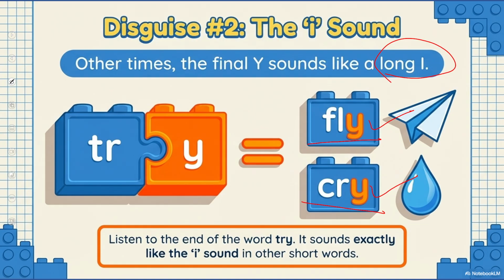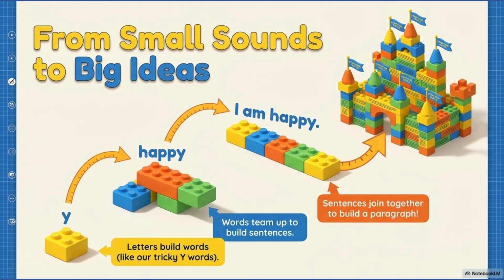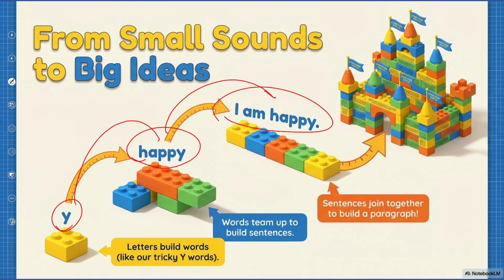In these 2 words, Y gives the sound of I. So we have learned in some cases, Y gives the sound of double E, and in some cases, Y gives the sound of I. So we need to say the word to understand which sound fits better. Got it?